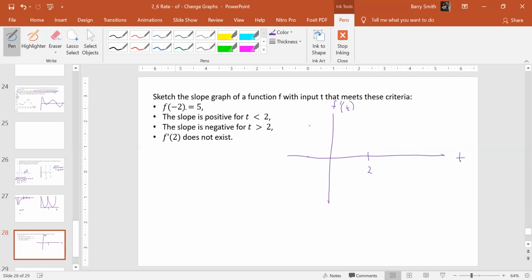So at negative 2 is going to be 5. So I think maybe it's going to be a circle. And basically all we know is it's going to be maybe going up like that. You know, oh, okay, not like that, like that. And this one, we don't know how negative it is, so let's just call it down here.